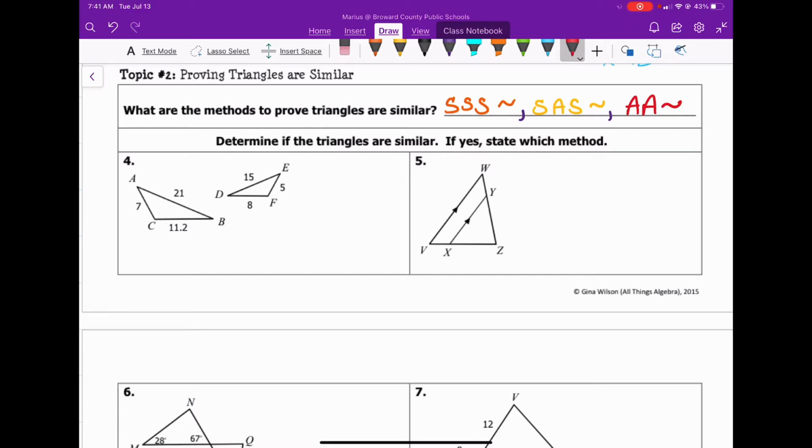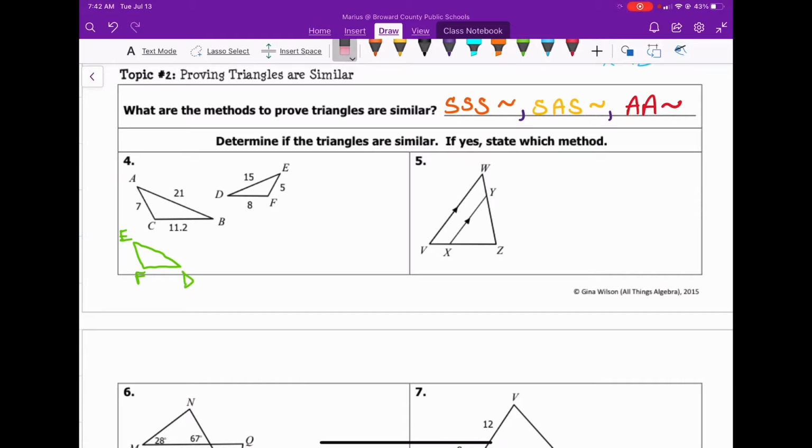For some people, you may need to redraw one of the triangles. So I'm gonna redraw DEF. E is gonna go at the top. This is F and this is D.